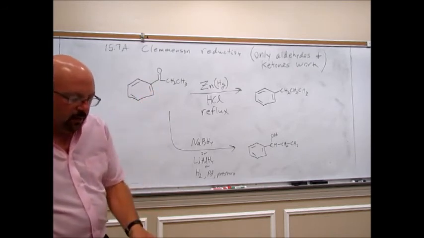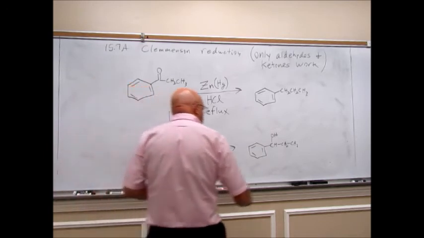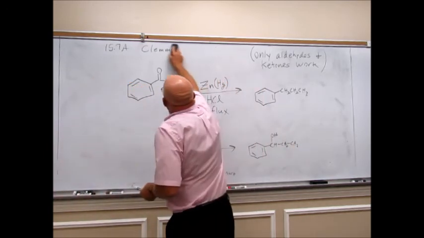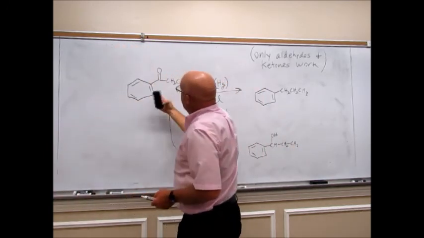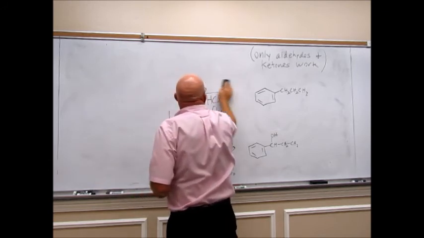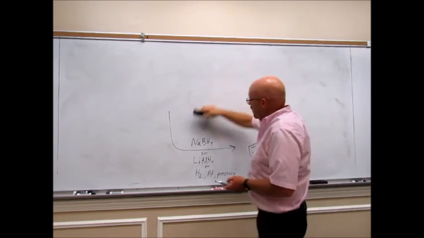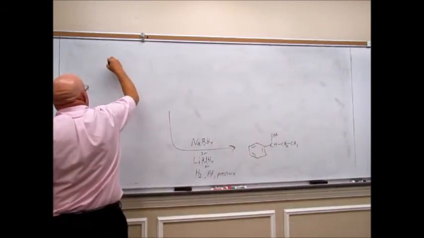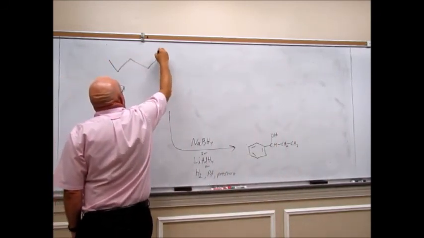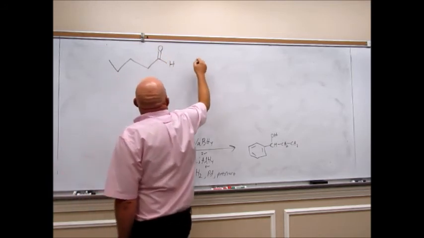Now, I mentioned that I'm going to, well, let's do one more here. I'll give you one more example. So I have a ketone here. You can also do aldehydes. So let me just put an aldehyde up here. Aldehyde will also work.